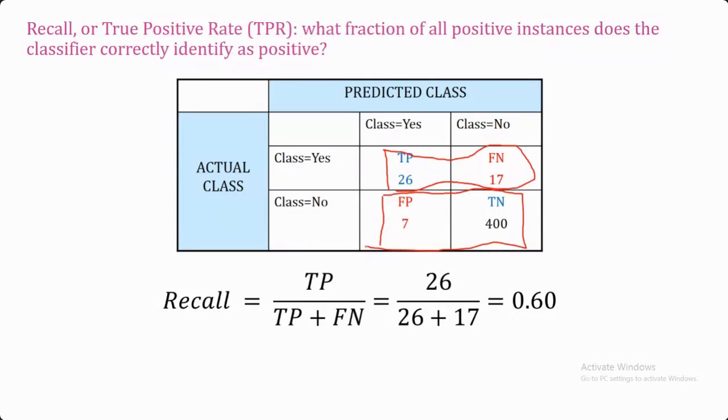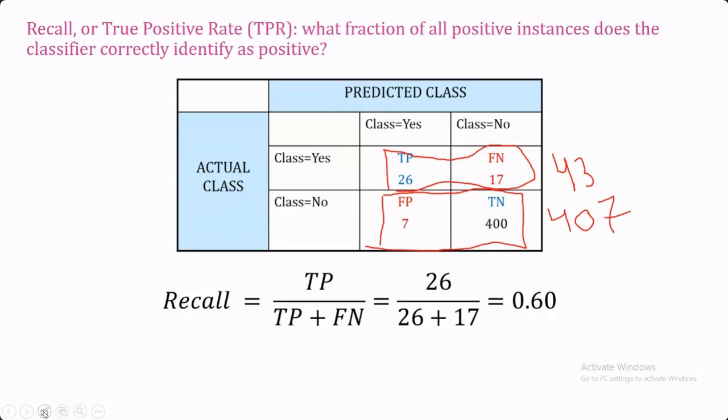So there are a total of 26 plus 17, that means 43 instances having the positive class label. And if you go with this, here we have 407 instances having the negative class. So this is the total summary for your classes. In total we have 450 instances. Out of 450, 43 are part of class yes, and 407 are part of class no.